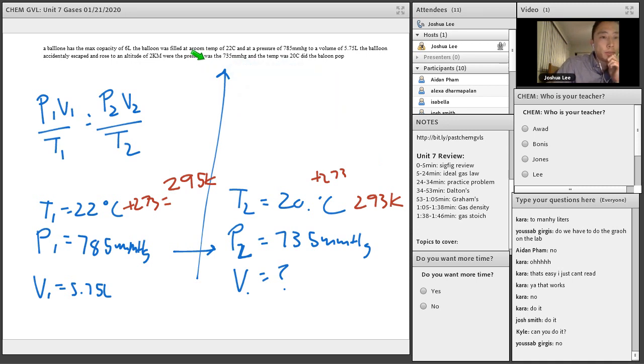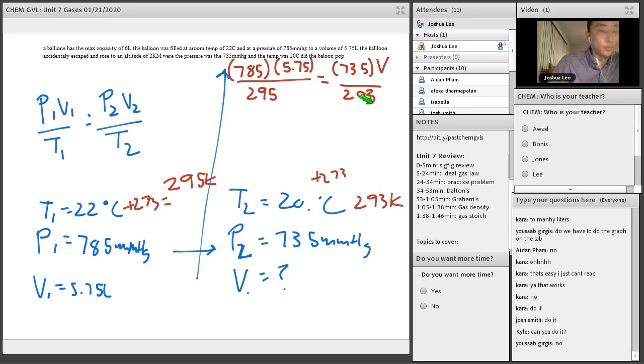So first pressure was 785. Volume was 5.75. They got real close to that max capacity of that balloon. Temperature is 295, equals pressure 735, volume V, over 293. Then let's just multiply out the numbers.